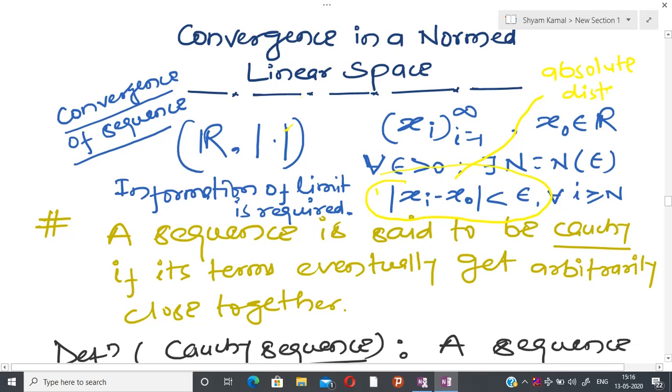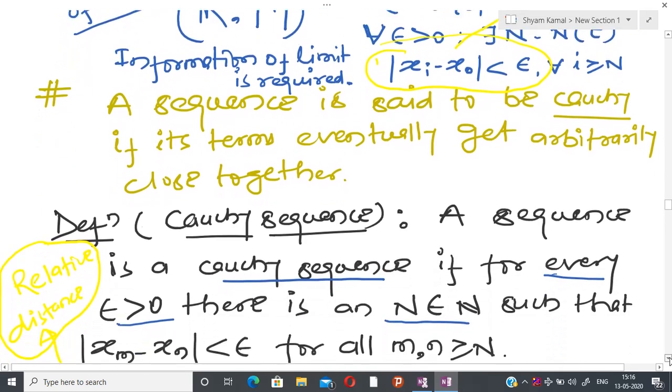Absolute means I know the limit. So that is the difference between the convergence of a sequence and a Cauchy sequence.